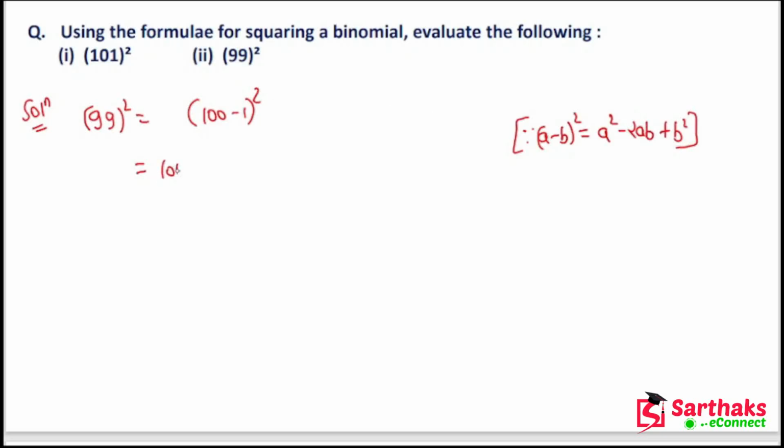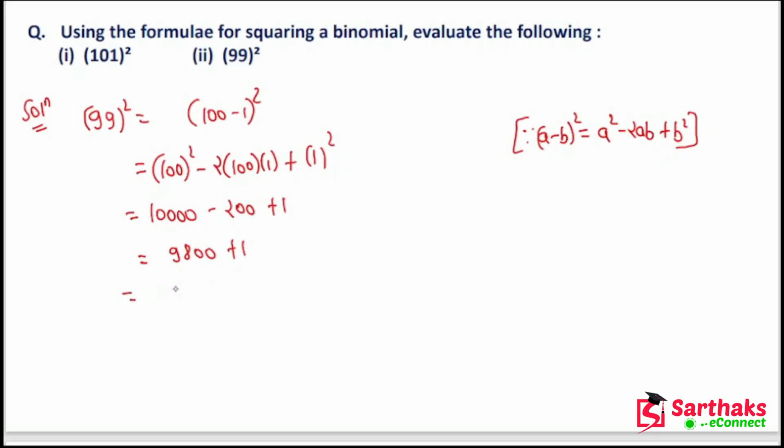Okay, so it would be a square, that is 100 square, minus twice of ab plus b square. So it would be 10,000 minus 200 plus 1. So it would be 9800 plus 1, that is 9801.